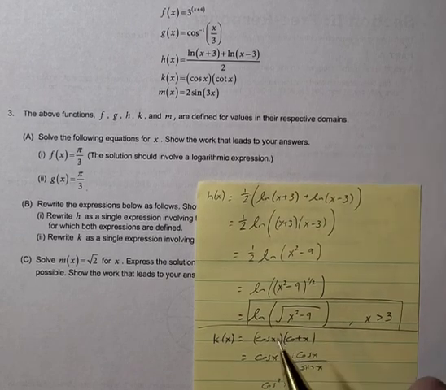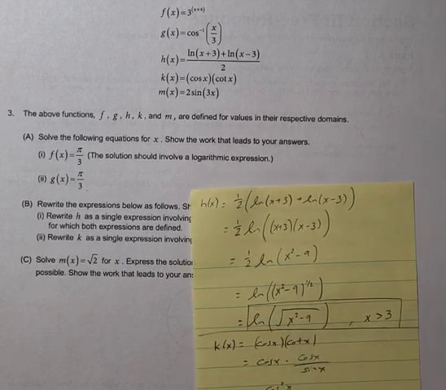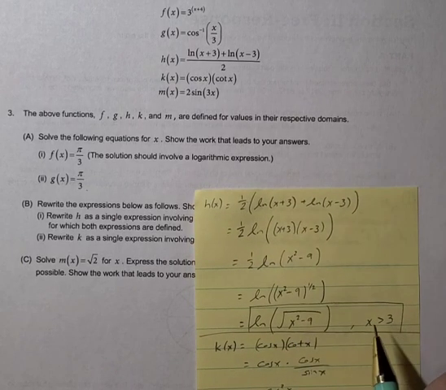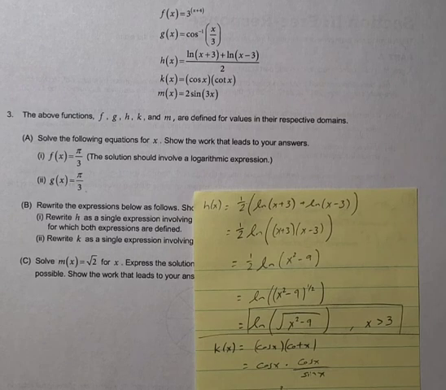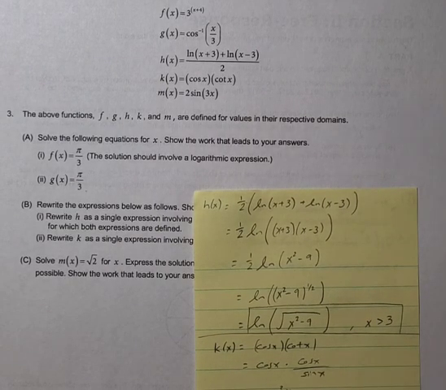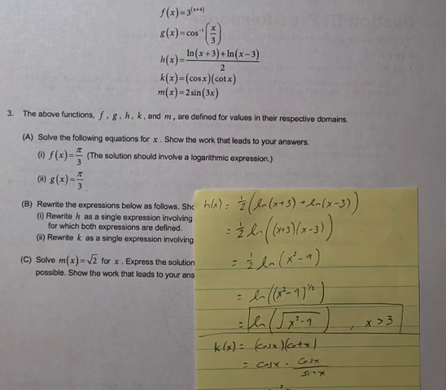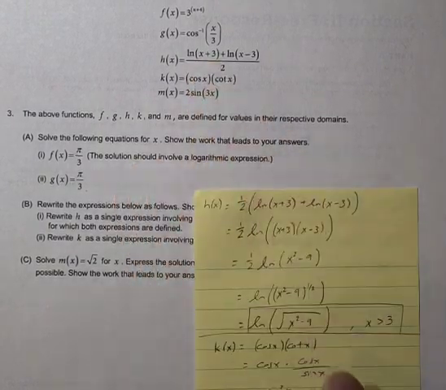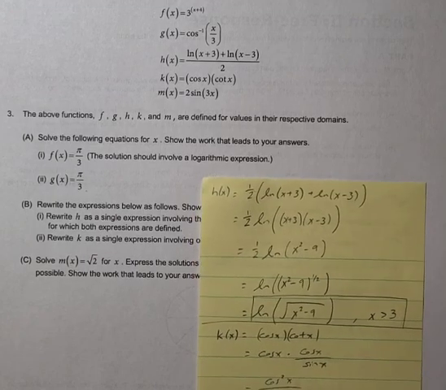Not greater than or equal to, because if it's equal to, then it'll be ln of 0. So that doesn't work, as I said. So x squared minus 9 is greater than 0. That means x has to be greater than 3. Okay? Again, the -3 would come up, because when we solve the quadratic, it'll be -3 also, but then from the original, it doesn't work, right? So we just say x is greater than 3.